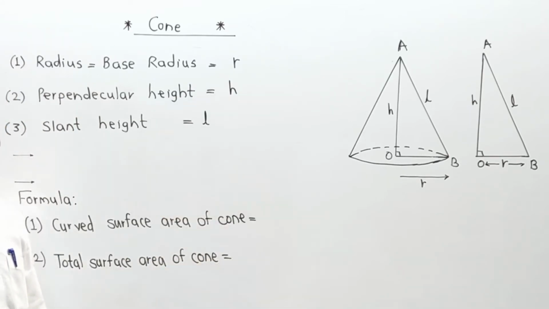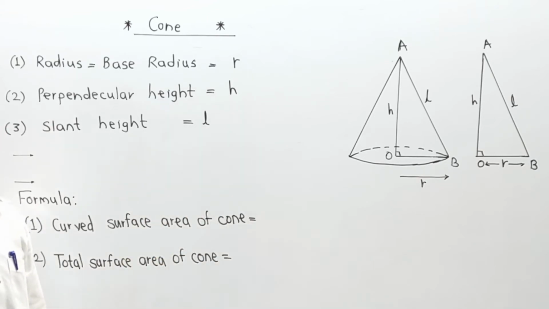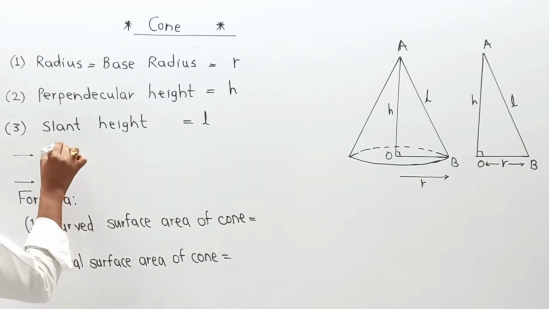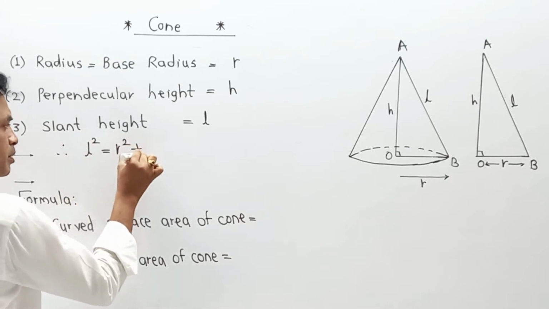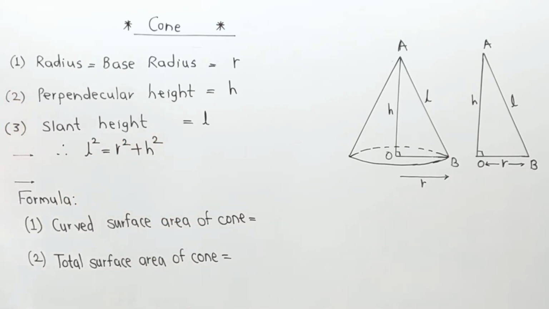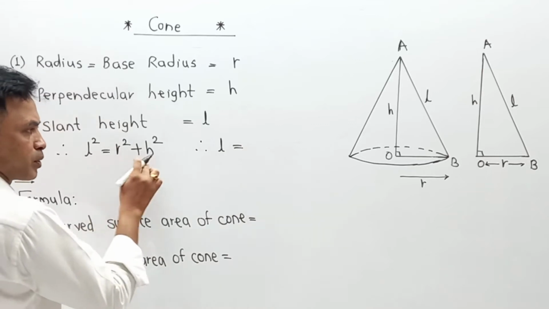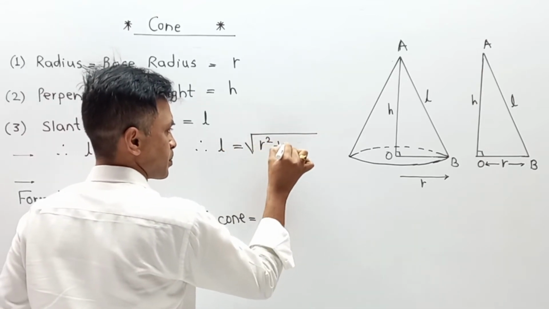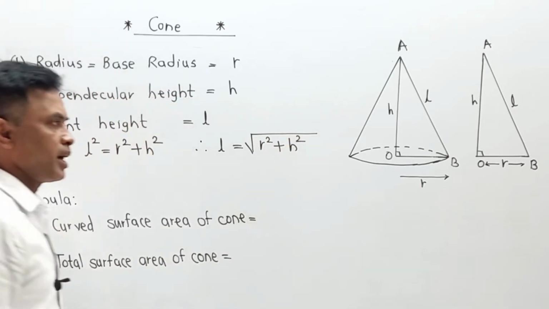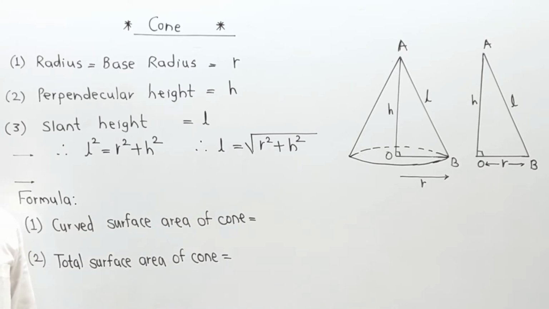From the diagram, by the Pythagoras theorem, L squared is equal to R squared plus H squared. Therefore, the slant height L is equal to the square root of R squared plus H squared. We use this in numericals, so please pay attention.